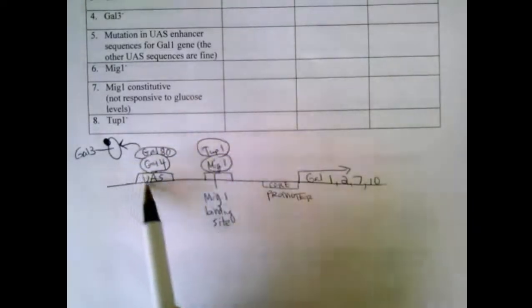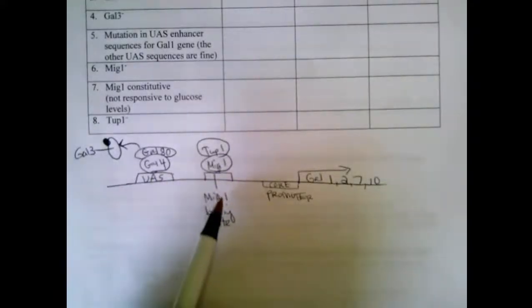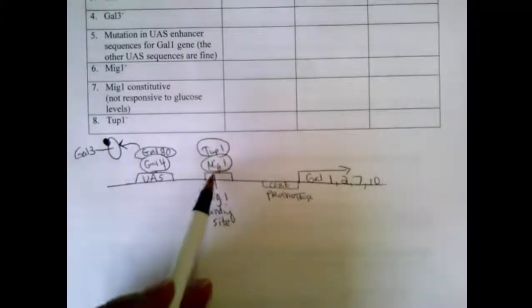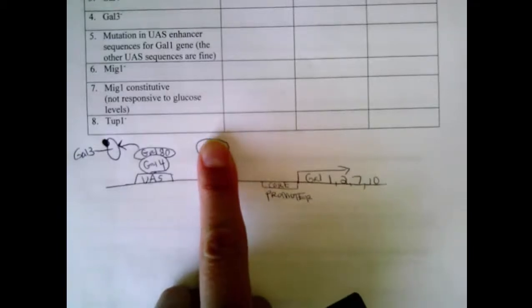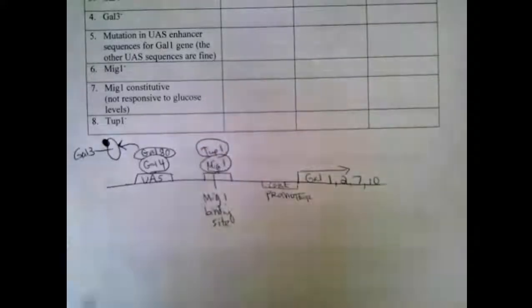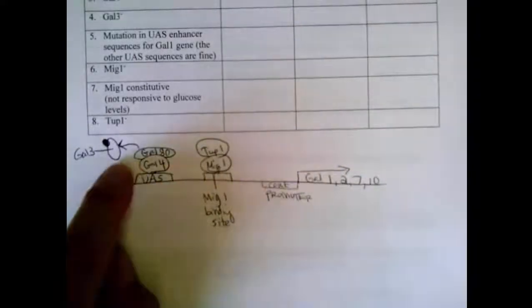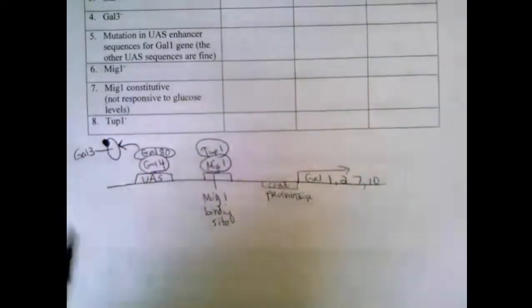Now, we're going to consider different cases. In the wild type, if you are lacking glucose and also lacking galactose, what would happen? If you have low glucose, that means that MIG1 will not be transcribed, and so that protein would not be present. And if you're lacking galactose in that cell, then GAL80 would be bound onto GAL4, because GAL80 only gets pulled off of GAL4 to bind with GAL3 when galactose is present.